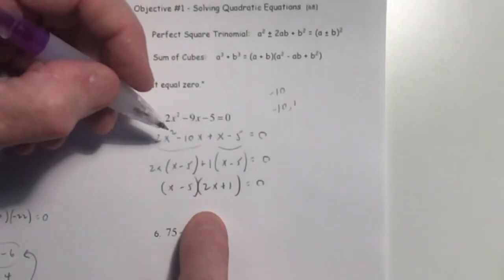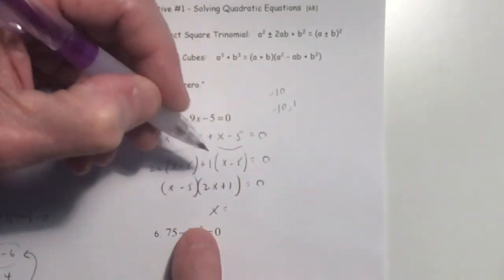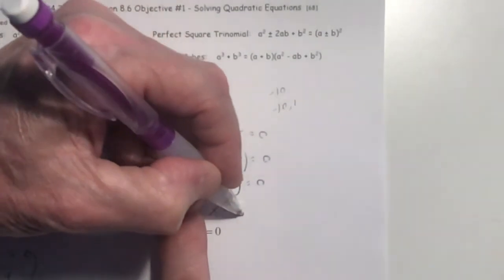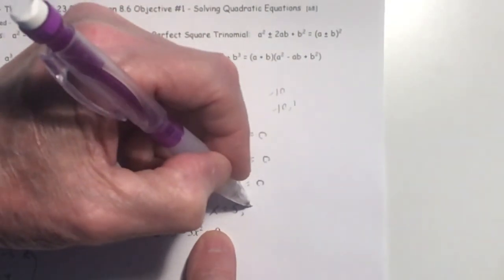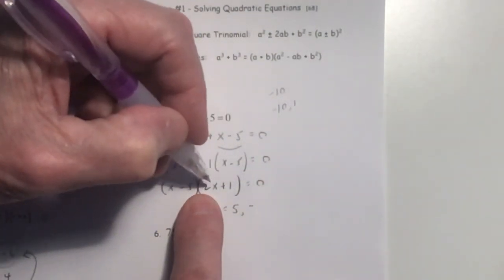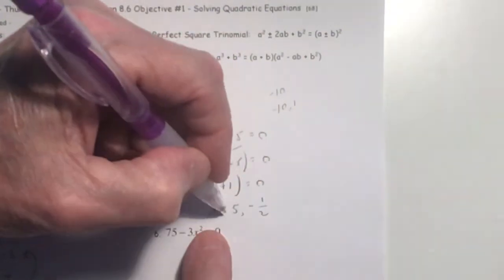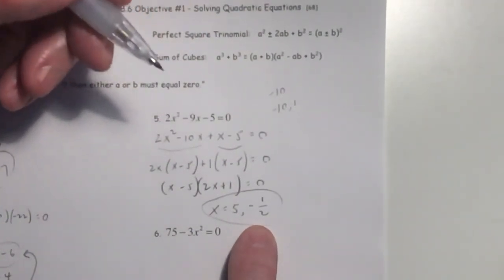And when will this factor equal 0? When x equals positive 5. And when will this factor equal 0? See, it says plus, so it'll be negative. This will be the bottom number in the fraction. The other answer is negative 1/2.